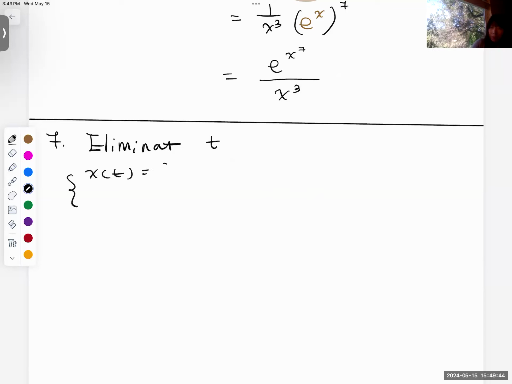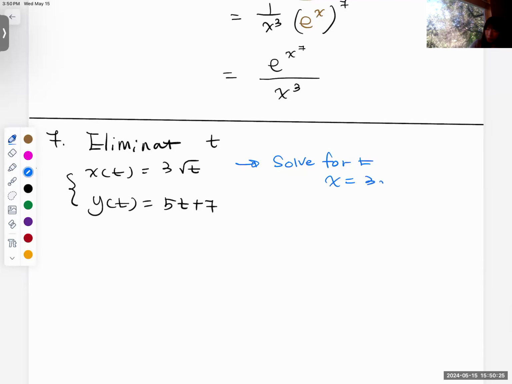X over t, which is 3 square root of t, and y over t, which is 5t plus 7. So we can solve for t, this one. Then we have x equal to 3 square root of t.